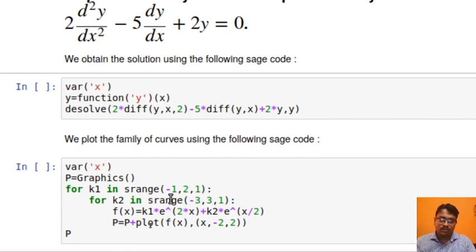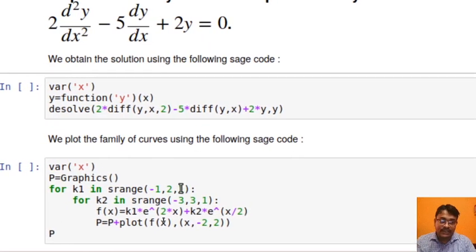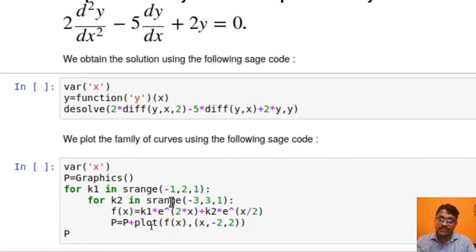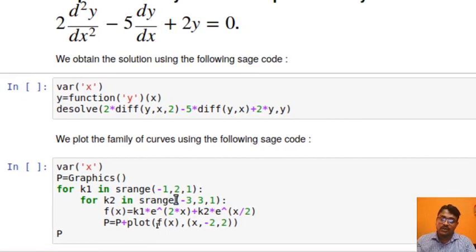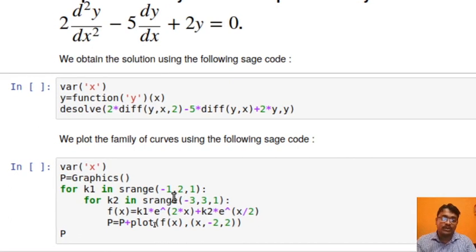Okay, the first value will be minus 1, the second value will be minus 1 plus 1, that is 0, the third value will be 0 plus 1, so that is 1, and the fourth value will be 1 plus 1, 2, but 2 is attaining the upper limit, so that will not be considered.